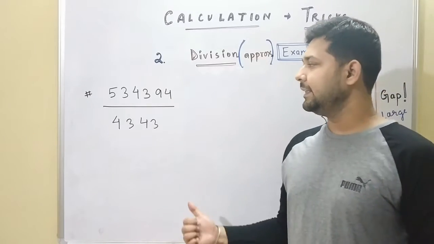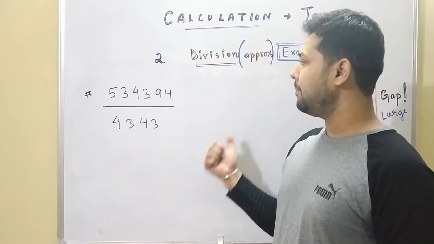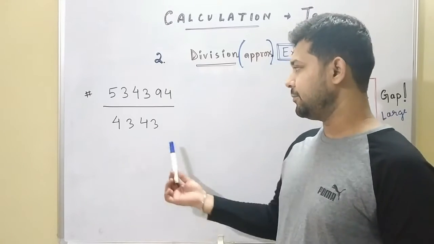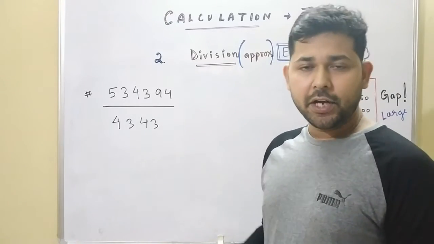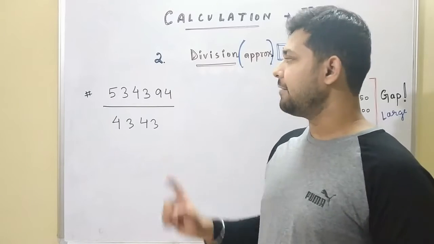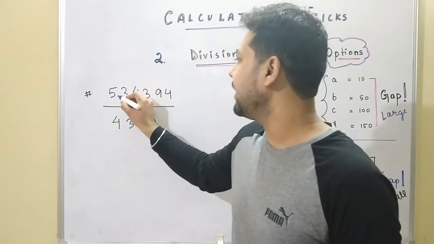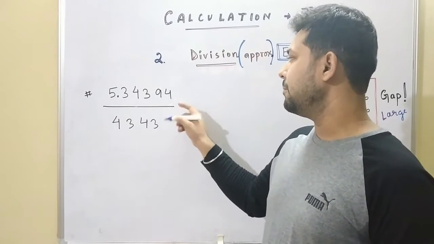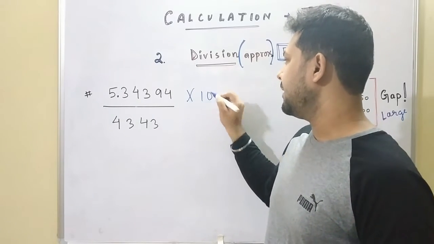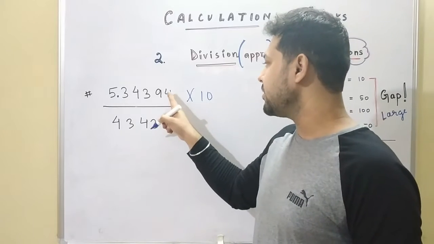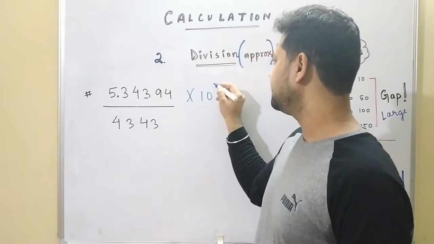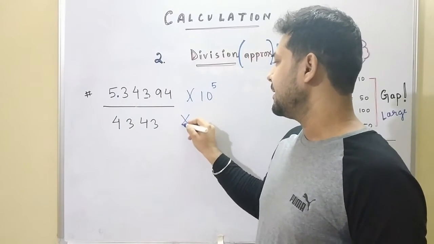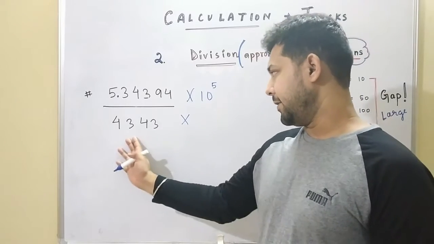All right, we see how we're going to apply the approximation method on this problem. We're going to place the decimal just after the first digit over here. If you do this, you have to multiply by 10 raised to power what? 1, 2, 3, 4, 5. 5. Same we're going to do here.